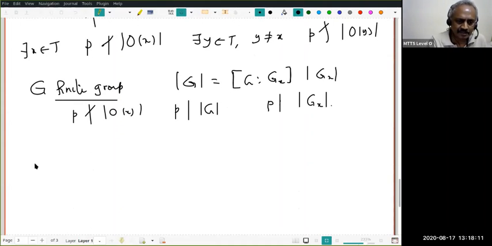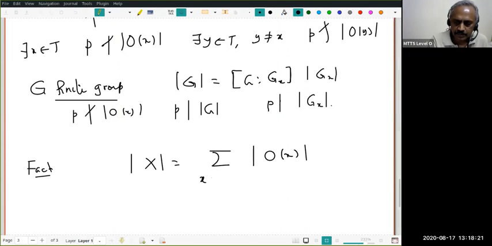And the second observation I can make is something very interesting. Let us look at X equal to the summation of the orbits of X, where X is in a transversal.